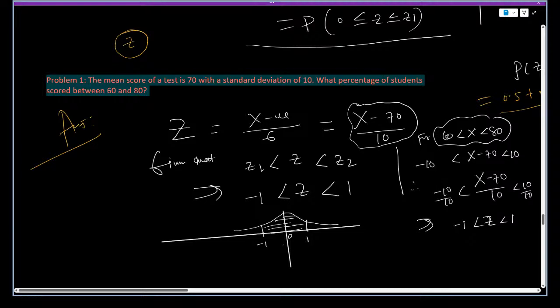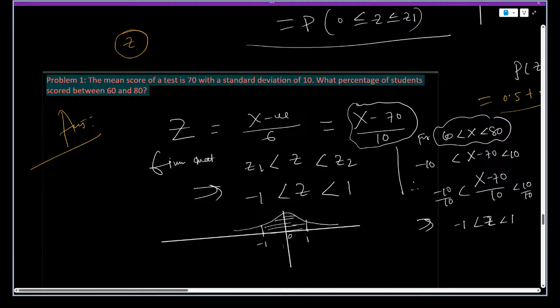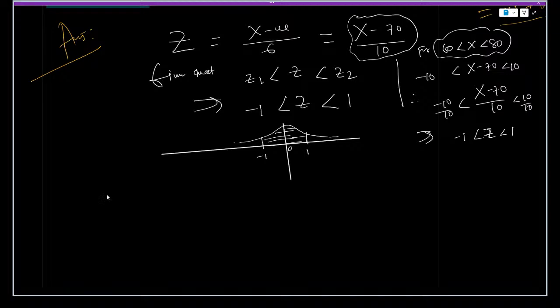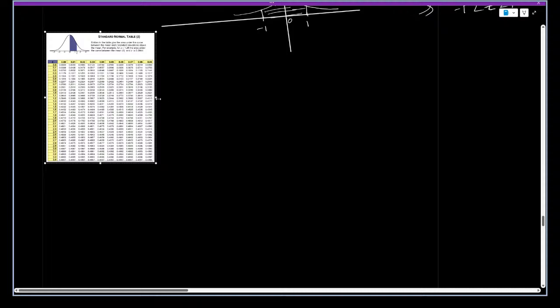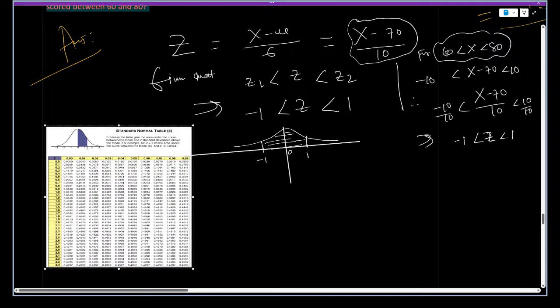The probability between -1 and 1 will be the area between 0 and 1, and its double.